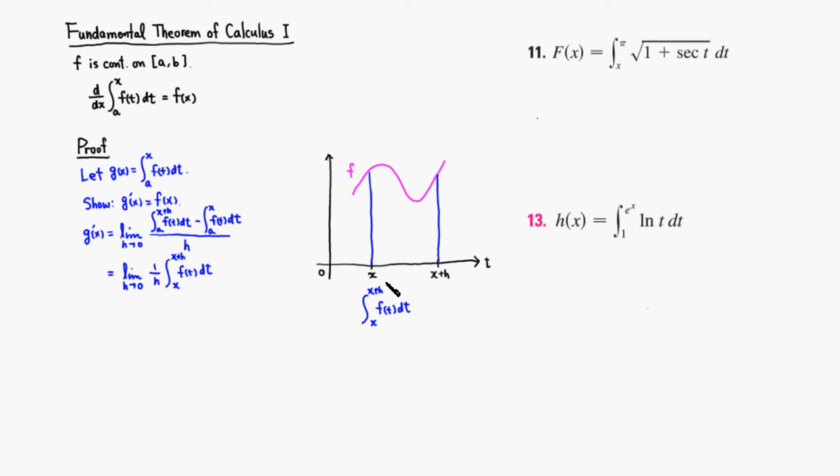This definite integral represents the area under the graph of f going from x to x plus h. So this shaded region is represented by this definite integral. We're going to find the lower bound and the upper bound of this region.